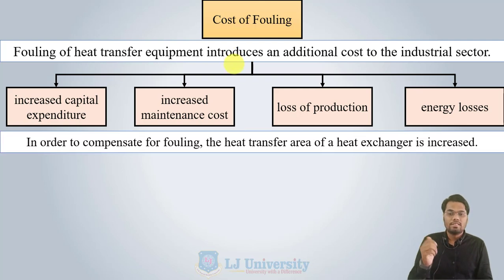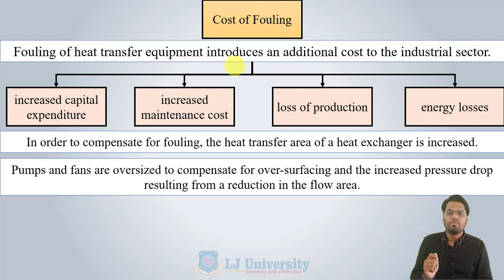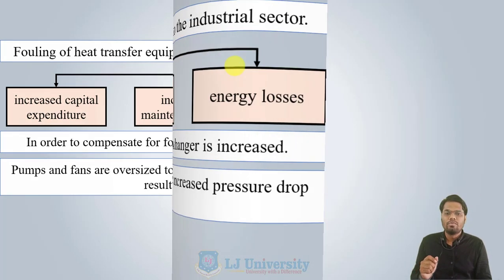How? Let's discuss. First, in order to compensate for the fouling, the heat transfer area of the heat exchanger is increased. Pumps and fans are oversized to compensate for the increased pressure drop resulting from the reduction in flow area.